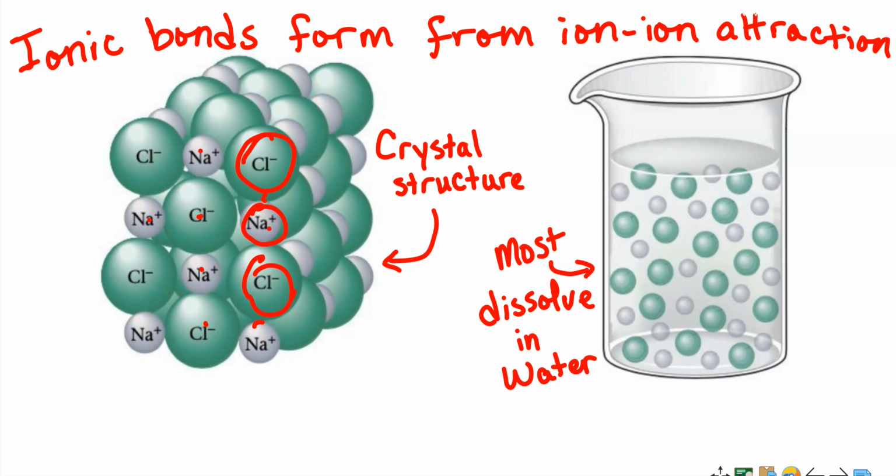And what that means is that the ions actually separate from one another and are free floating. So ionic bonds are also very strong attractions. They're the strongest attraction.